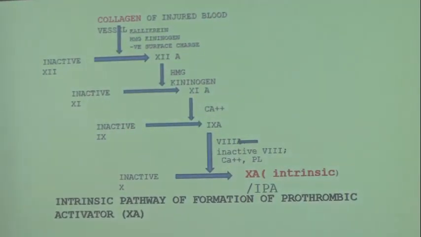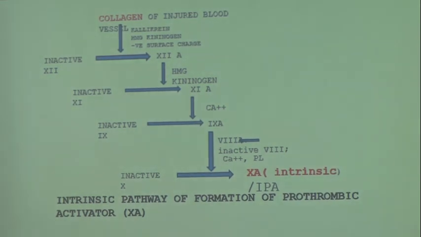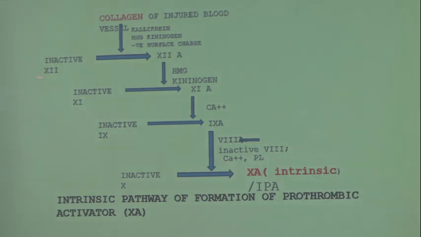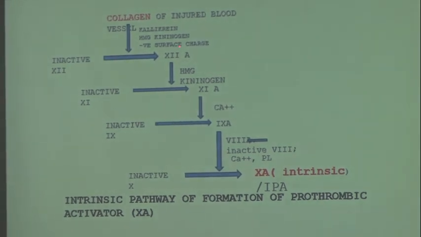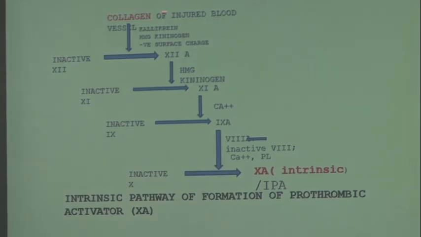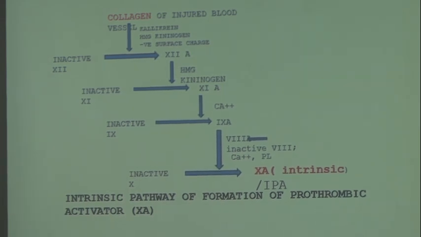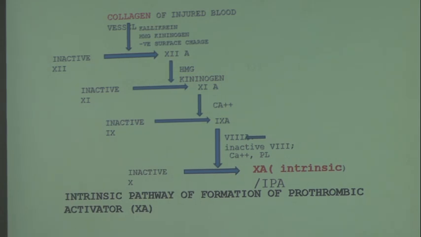Okay. Now the next phase, you see, the first phase is done. Inactive factor 12 has been converted into this. How? This is initiated by collagen, initiated by touch. While passing through the damaged area, the plasma factors come in contact with the collagen and immediately it will be activated.